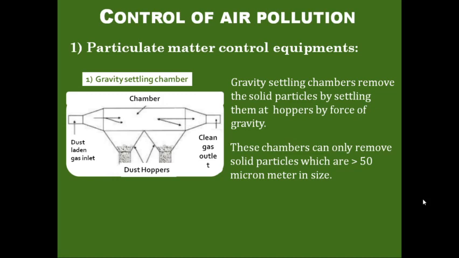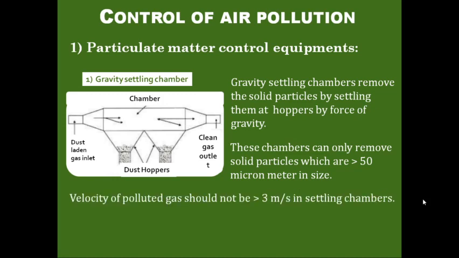So gravity settling chambers can only remove the dust particles which are more than 50 micrometer in diameter. If the particle size is less than 50 micrometer, then gravity settling chambers will not work in that case. So in such cases, we look for other more sophisticated and efficient equipment for separation of small size or fine size dust particles.